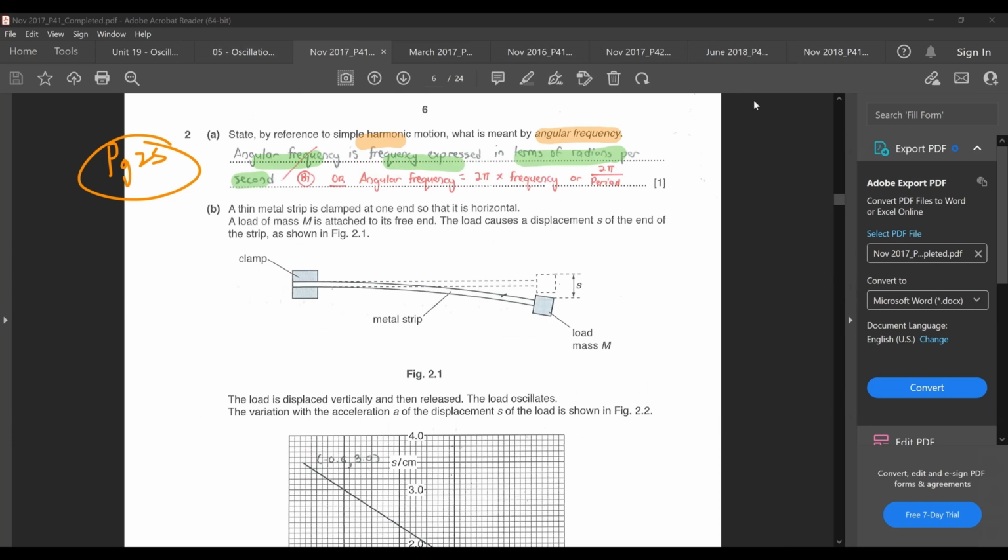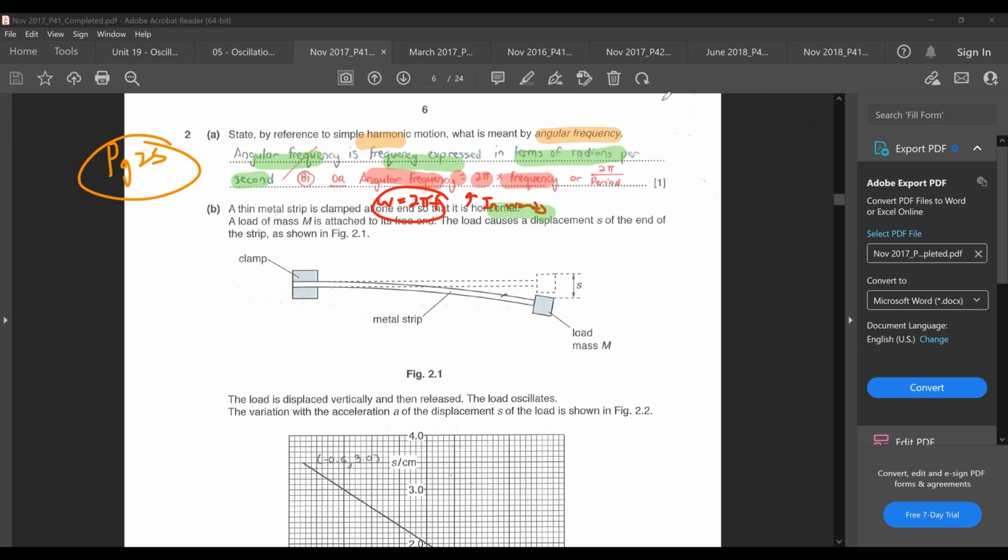Or if you wanted to, you can actually just write out your equation omega equals 2 pi f in words. Where you say that angular frequency is equal to 2 pi times frequency. All right. In your marking scheme, you are allowed to write out your equation, but they must be in words.